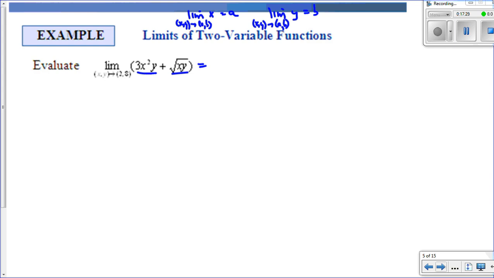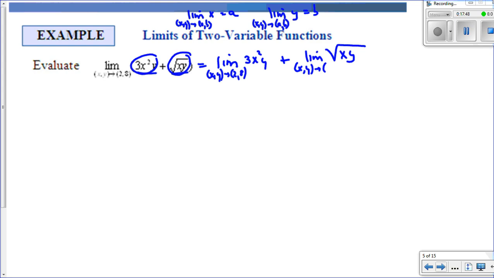This says that the limit of a sum, we have two things added together here, is the same thing by our sum rule as the limit of 3x squared y plus the limit of the square root of xy, as xy approaches 2,8. Now we've got a product and we've got a constant.